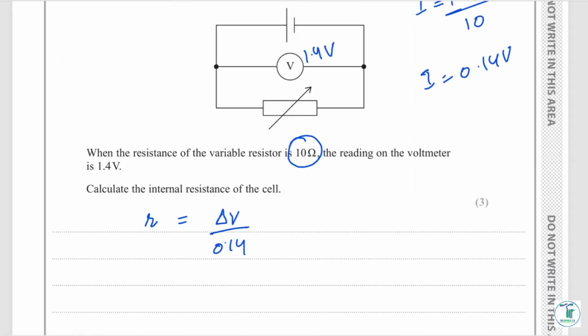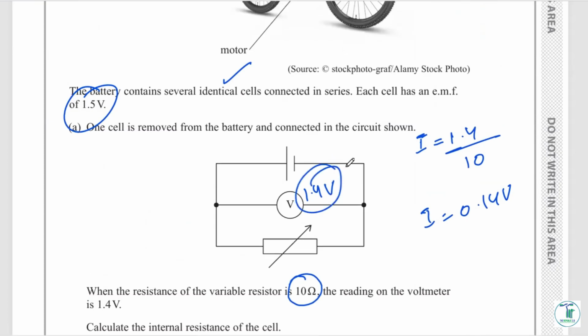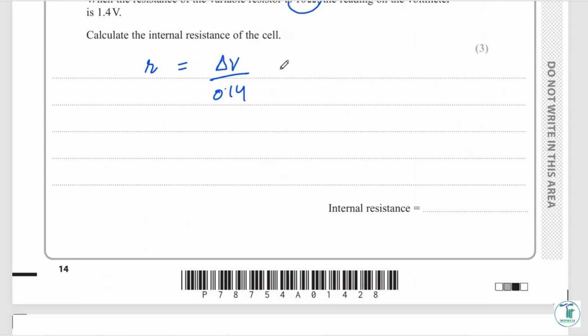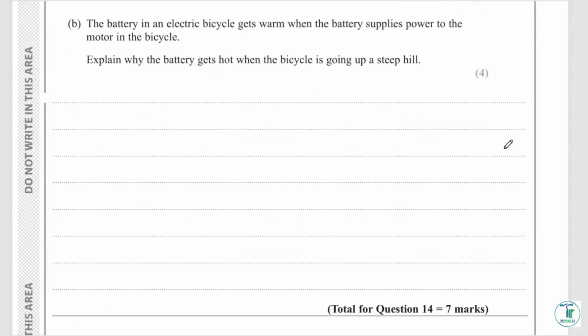The PD in the circuit is 1.4, but the EMF of the battery was 1.5. So the delta V has to be 0.1 divided by 0.14. I'm just going to work this down, and I must be having something like 0.71 ohms, right? You have got 0.71 ohms over here. That is going to be the internal resistance.